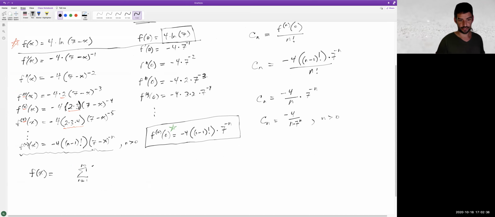I'm putting in my coefficient, negative 4 over n times 7 to the n, x to the n. But I have to put in that 0th term outside because it doesn't fit the pattern.